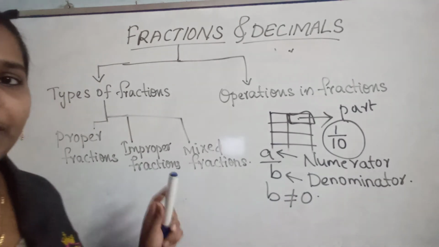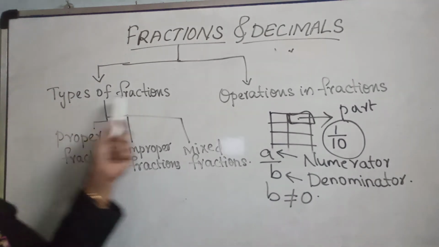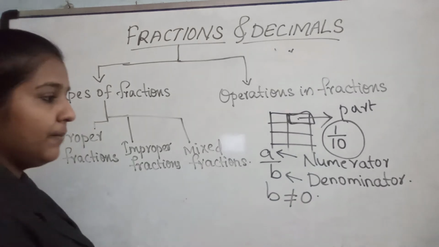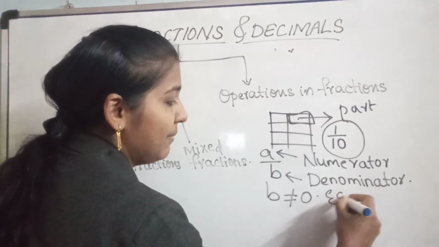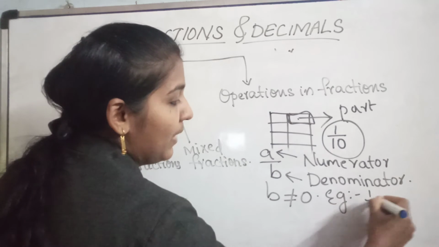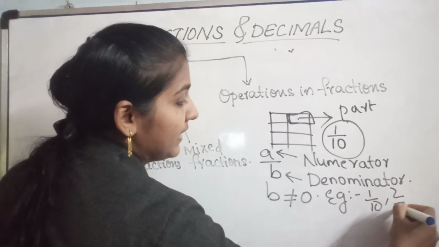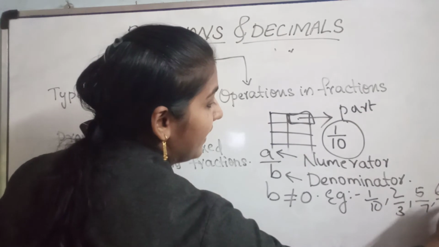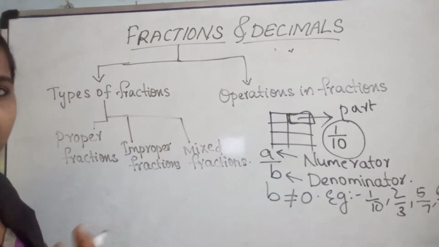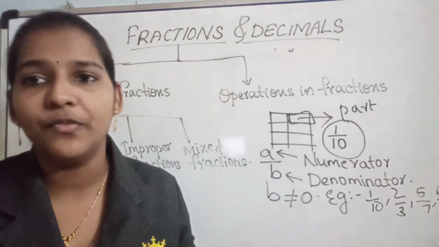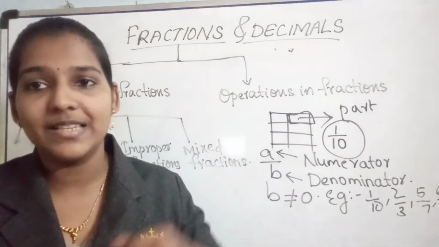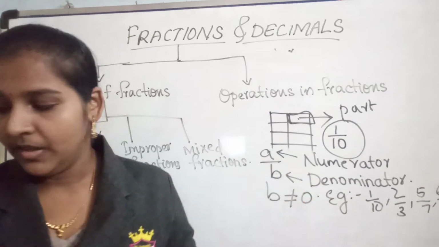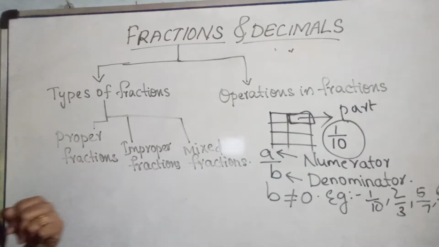Examples of fractions are 1 by 10, 2 by 3, 5 by 7, 6 by 100, etc. In this way so many numbers can be written as examples of fractions.